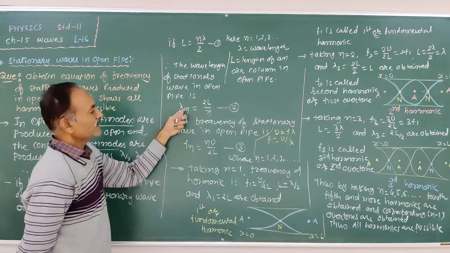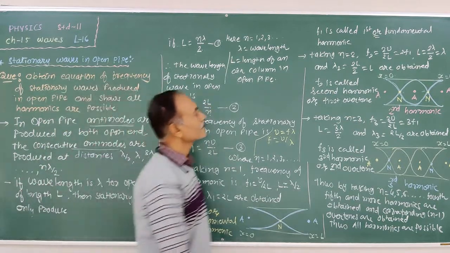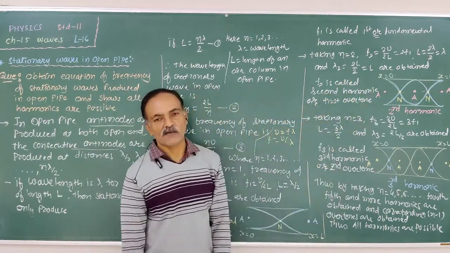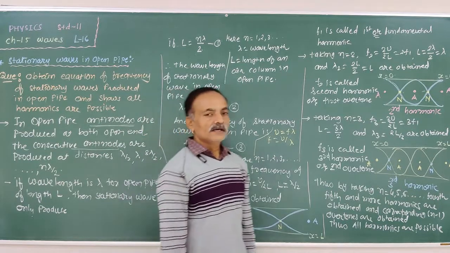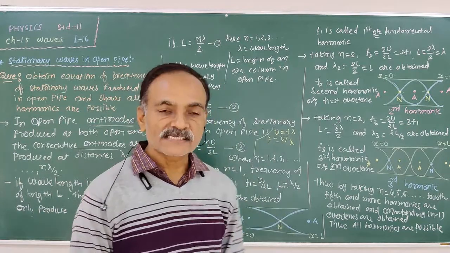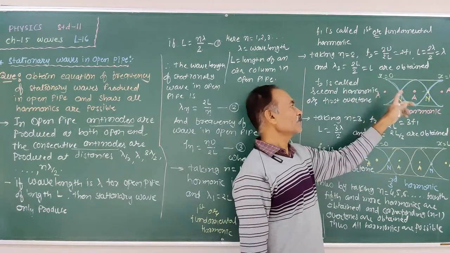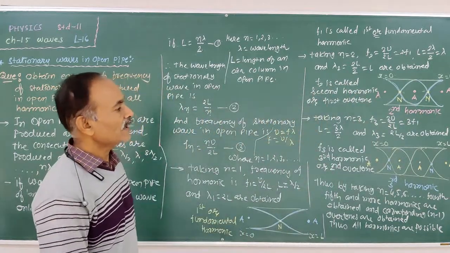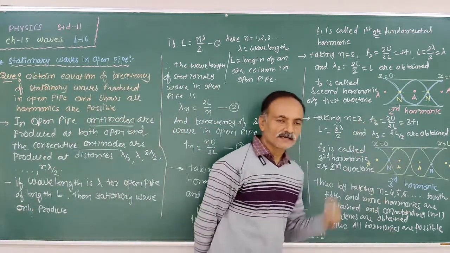And the wavelength lambda 2 is equal to 2L upon 2, the 2s cancel, so L. F2 is known as the second harmonic or the first overtone. Now, the stationary wave is produced in the air column of the open pipe in such a way that at both ends the antinode must be there. Therefore, that is the situation of the antinodes produced in the air column of an open pipe when it oscillates with the second harmonic.